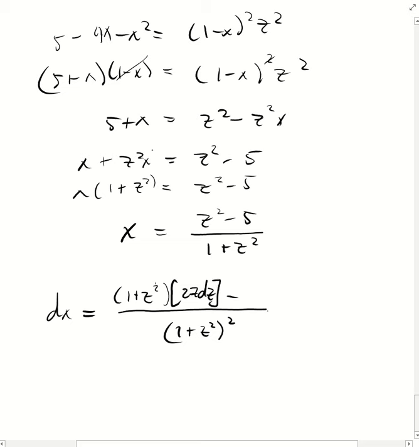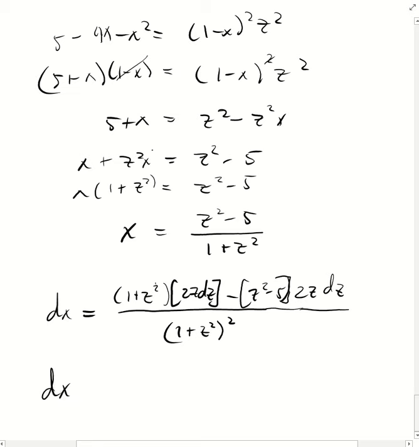Then minus the numerator, z squared minus 5, multiplied by the derivative of the denominator, 1 plus z squared. Again, that is 2z dz.